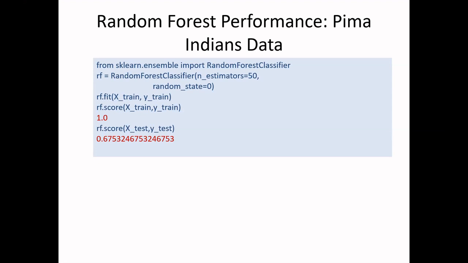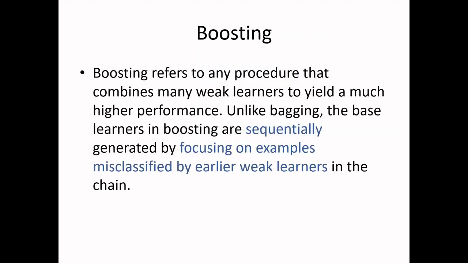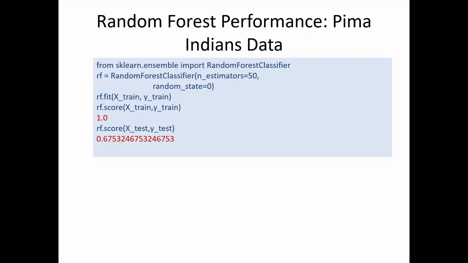And on the test set it is 67%, which is similar to what we had gotten previously. All right. In this case, you can see that random forest is not giving you too much difference from the result that you get with bagging. But again, this is a small data set. So if you have a much larger data set with many more features, it's quite likely that random forest will give you slightly better performance. All right.